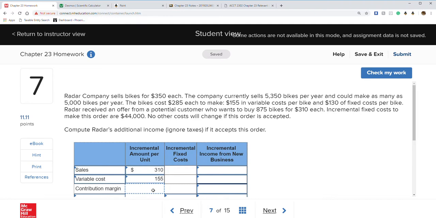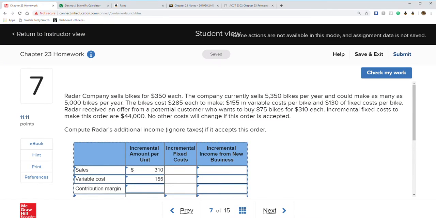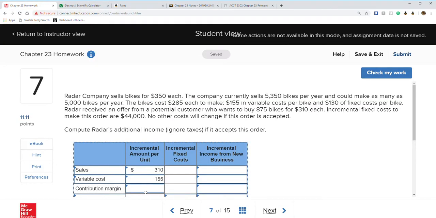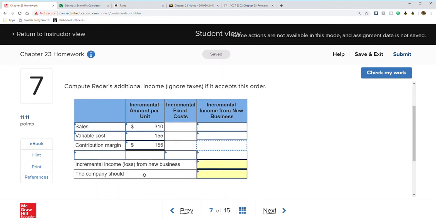And so, we can figure out contribution margin, which of course we go to our calculator and go 310 minus 155. Happens to be just 155. So, half our cost right there.